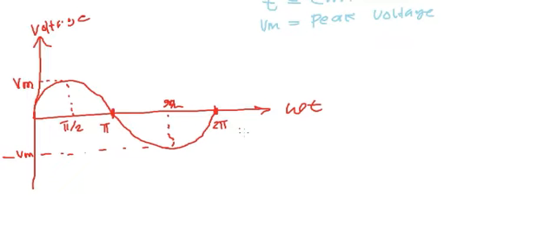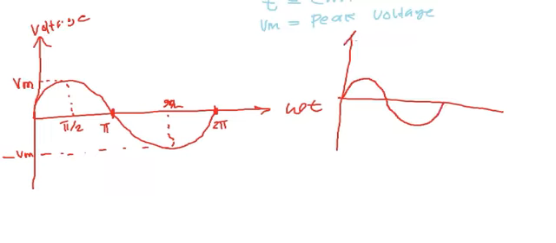Look into the waveform of the sine function. The variation need not be in terms of voltage. This can also be in the form of current. If the variation is plotted in terms of current, the y-axis is current, the x-axis is omega t, with pi and 2 pi. The maximum value will be not Vm but Im, and the minimum value will be minus Im.